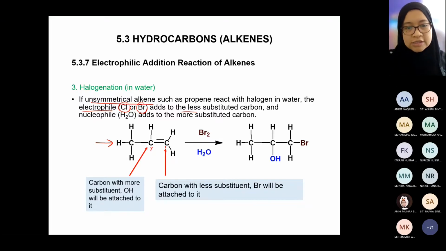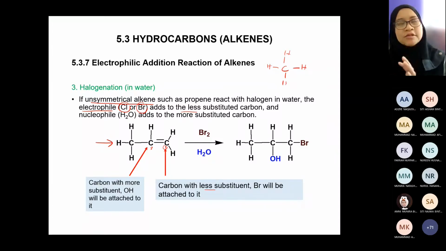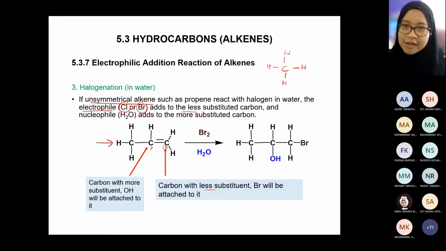Okay, the first one is considered as less substituted carbon. Okay, less substituted carbon. Maybe you can imagine this substituted carbon as alkene. Okay, all right. So the simplest form of alkene is this one.